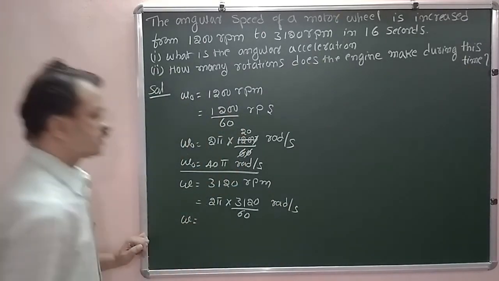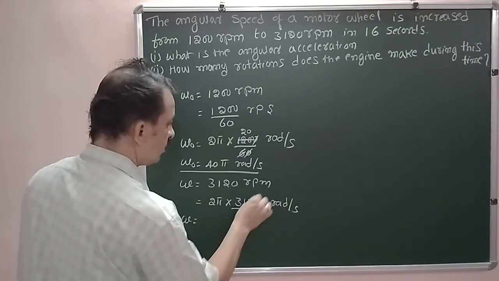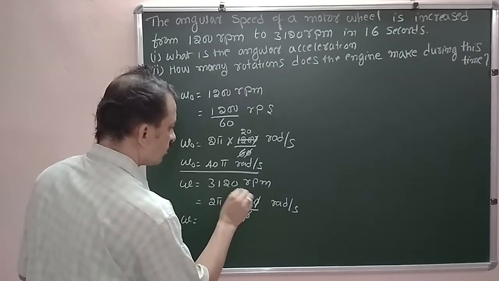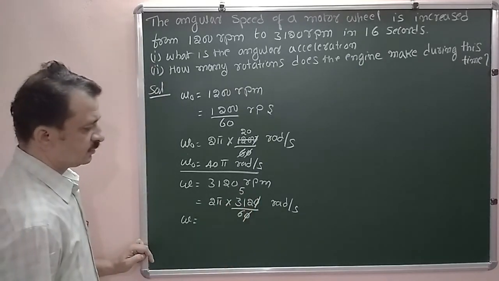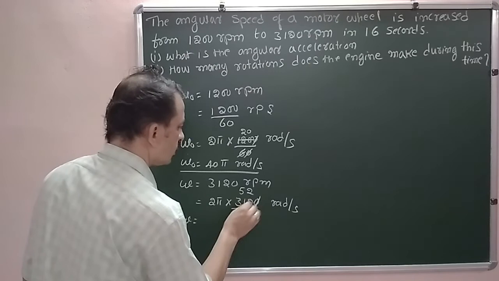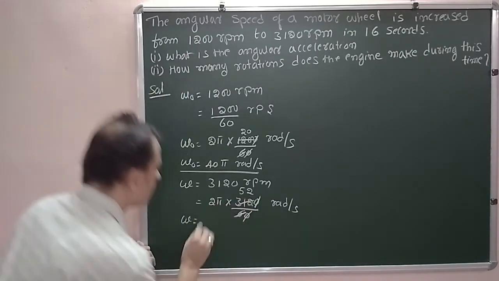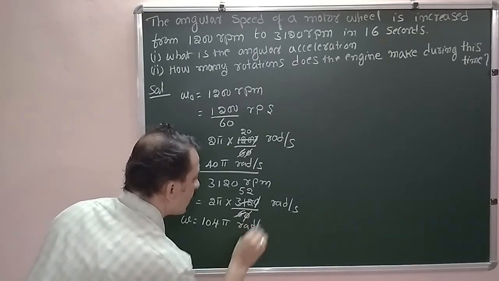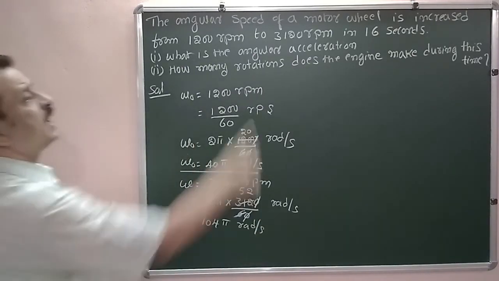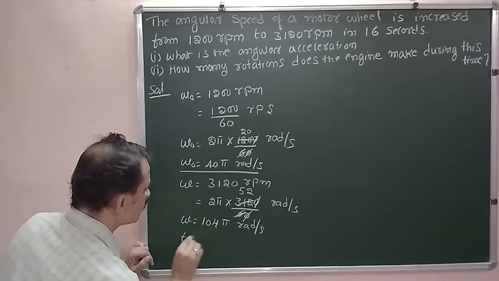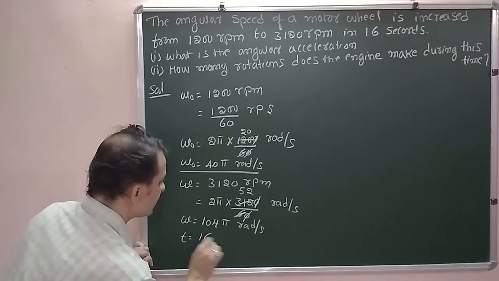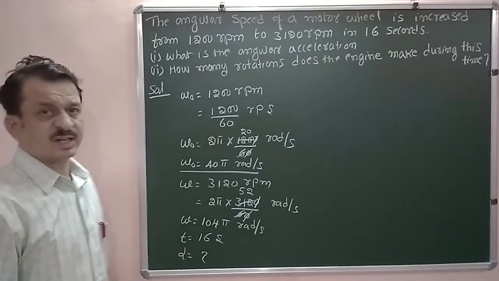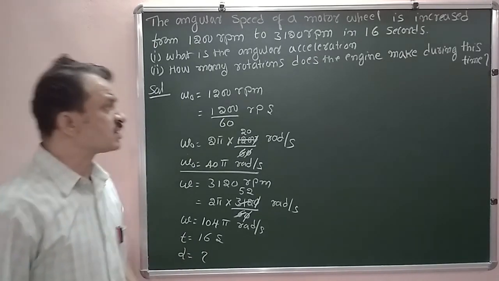Therefore omega is equal to 104 pi radian per second, and time is given, so time is equal to 16 seconds. We have to calculate the angular acceleration.